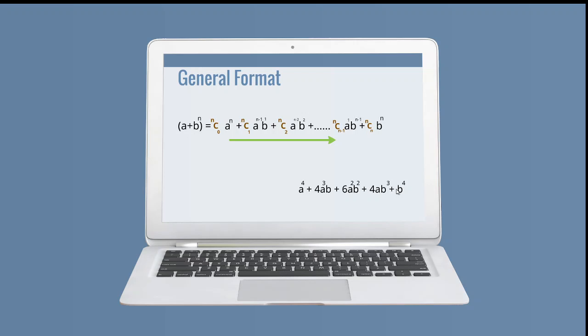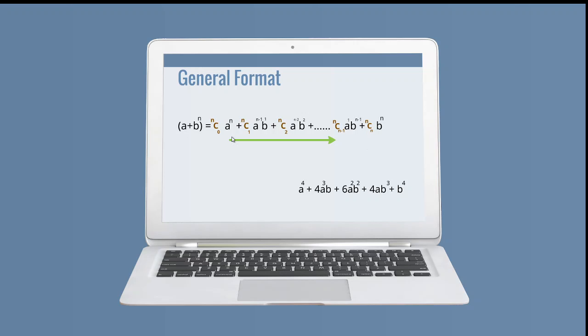Nothing means it is a to the power 0, because it is 1. So you see that it's decreasing. First term is a to the power n, then a to the power n minus 1, then a to the power n minus 2, and keeps on decreasing, and last it becomes a to the power 0, the answer is 1.